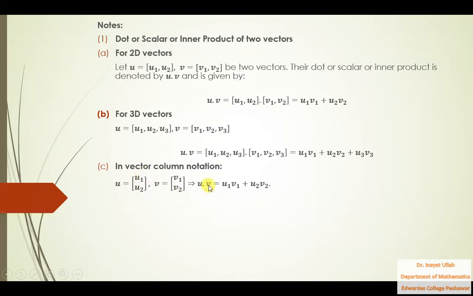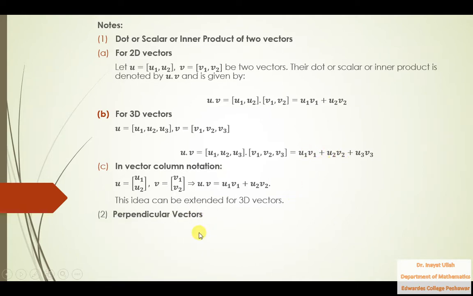That is the same: u dot v is equal to first into first component plus second into second component. So this idea can be extended for 3D vectors. You can write three components: u1, u2, u3, and v1, v2, v3. So the dot product will be the same as given before.